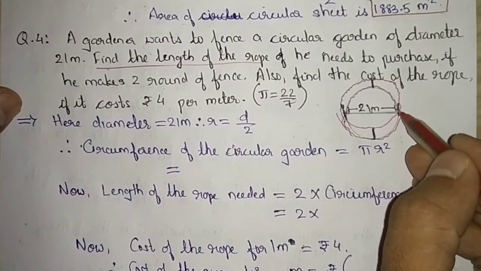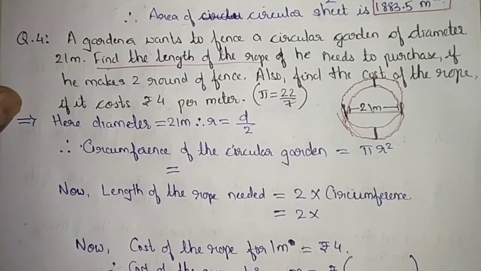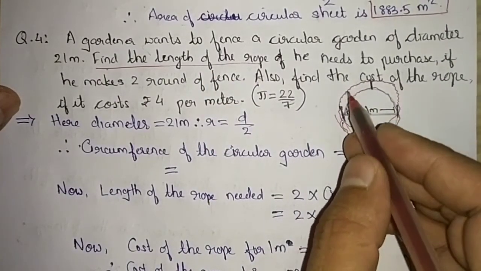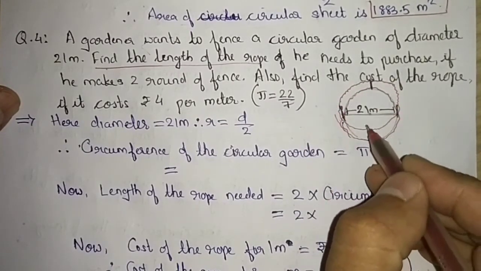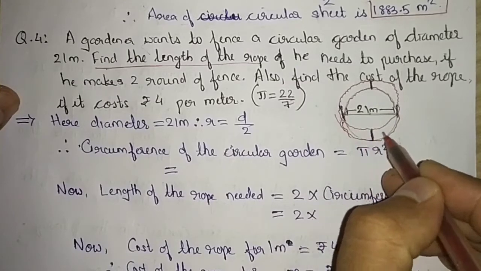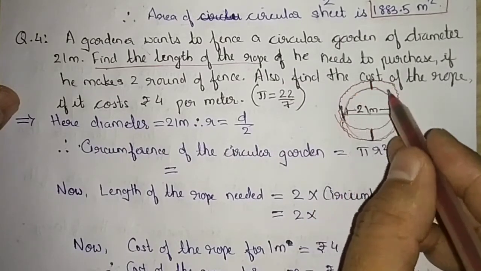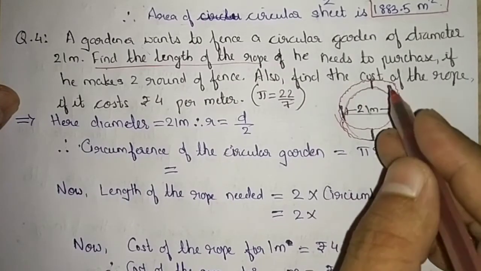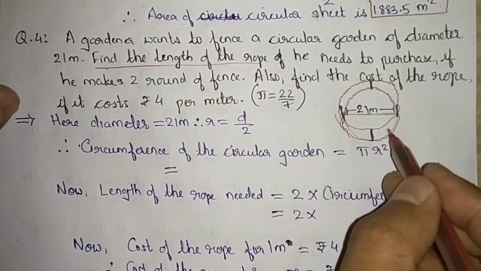Again he will go around so that no one can enter his field, 2 times. So definitely we will be finding the circumference, because it is in the shape of a circle. The area which we are guarding is a circle, and the length of its boundary is the circumference, but 2 times the circumference. Why 2 times? Because 2 times he is taking the round.